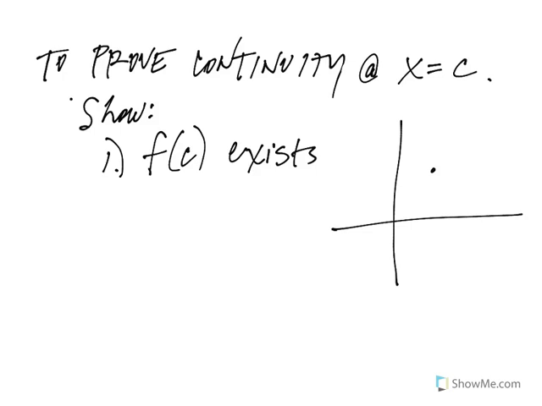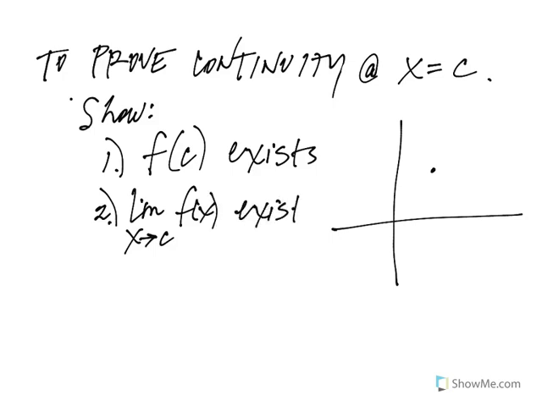And I'm going to walk through how to do all of this stuff. But first, let's just get this list down. So there has to be a dot. Secondly, the limit as x approaches c of f of x must also exist. Add this to your notes.